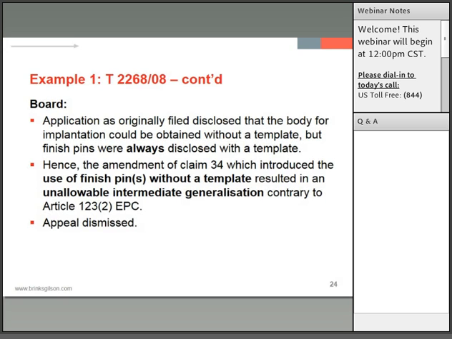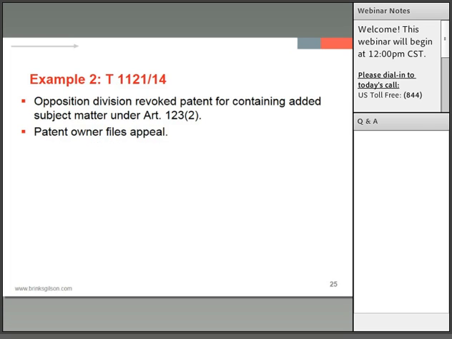They could have done it even on appeal because Article 123.1 says that an application or a patent can be amended in proceedings before the European Patent Office, and that's not limited to the pure prosecution. Now we go to our second example where an opposition again revoked a patent for containing added subject matter, and again the patent owner appeals that revocation.